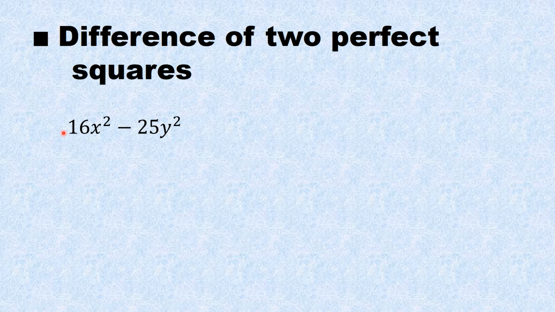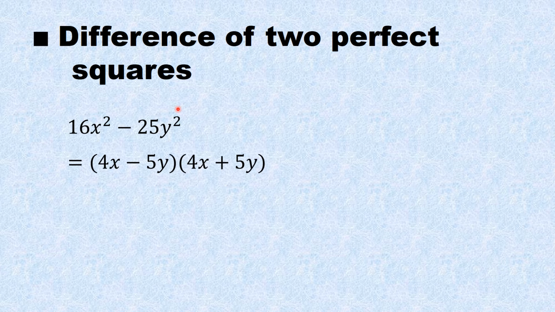So can I perfectly square root 16x to the power 2? Remember, the number you square root as normal, and the exponent is inside over outside. So it's going to be 4x, yes. And can I square root 25y squared? Yes. The number as normal, the square root of 25 is 5, and y squared inside over outside is y.